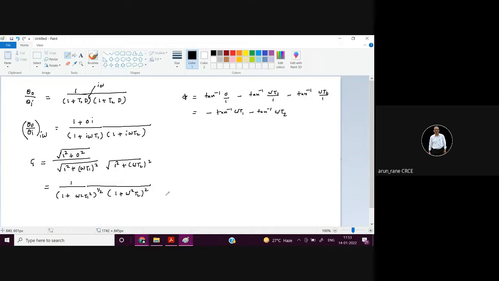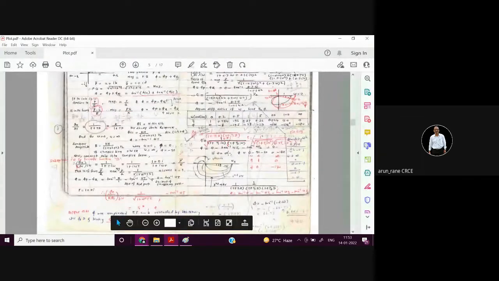Now you have to substitute the values of omega from 0 to infinity and plot the graph. Okay, so this is what is explained here: tan 0 minus tan inverse of omega T1 minus tan inverse of omega T2. So now you change the values from 0 to infinity and find out the values of G and phi.